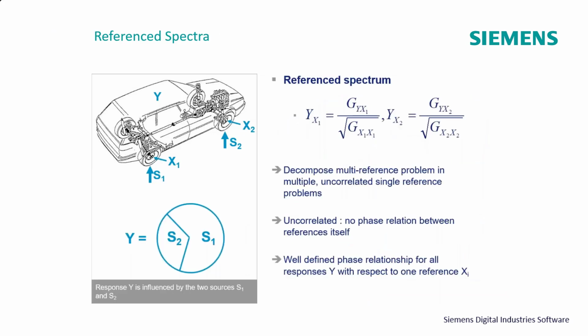So what we're going to do is take our cross powers and do singular value decomposition on them. We're going to break that analysis up into multiple uncorrelated single reference problems, and we do that through singular value decomposition. Once we do that, they're perfectly uncorrelated, but we have no phase relationship between the different references themselves, but we have a well-defined phase relationship for all responses with respect to one reference.